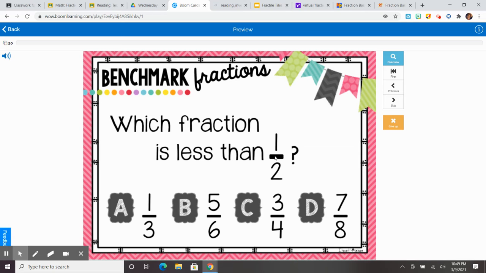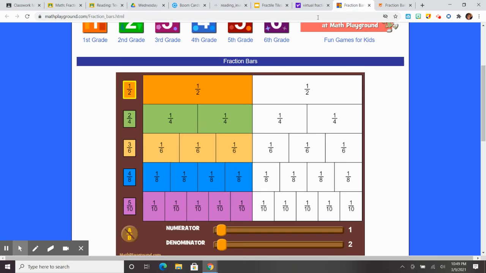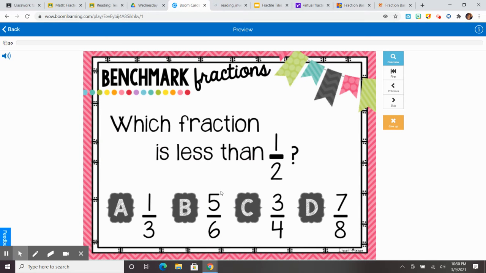All right, 1/2 is equivalent to 3/6. I know this because if I compare this 1/2 right here to 3/6, I have 1/6 plus 1/6 plus 1/6, and they line up right there. So I know that 3/6 is equivalent to 1/2. I also know this because half of 6 is 3.